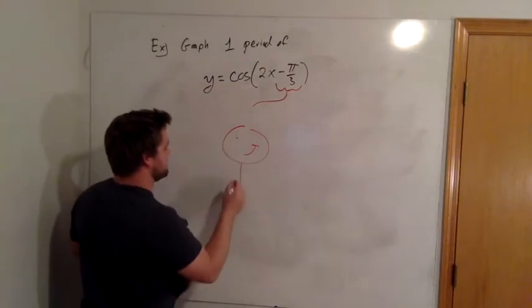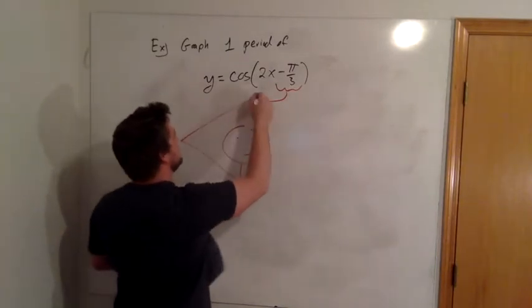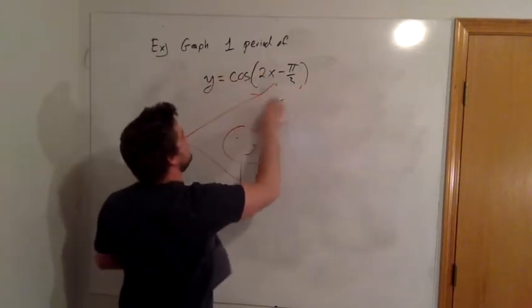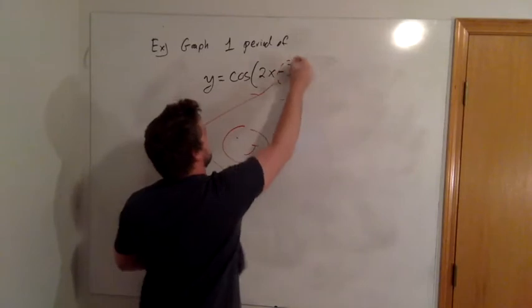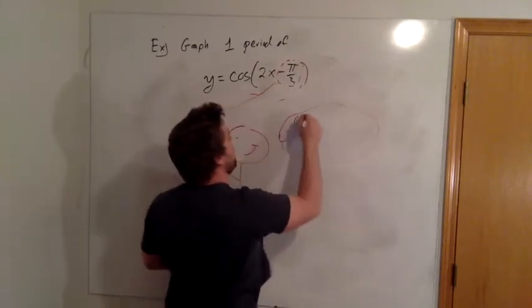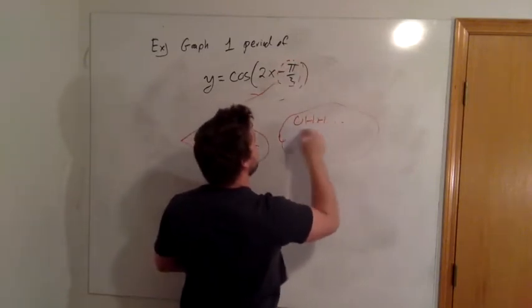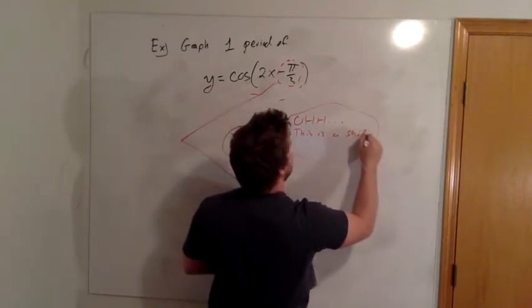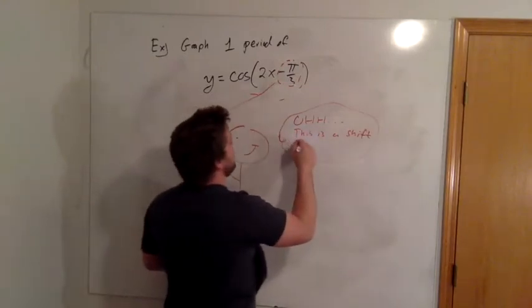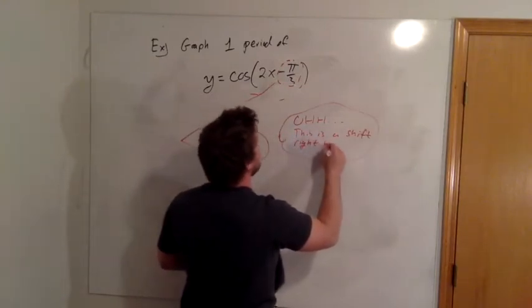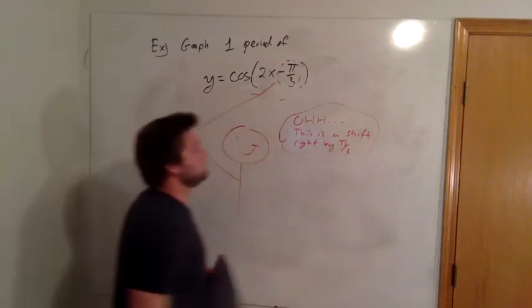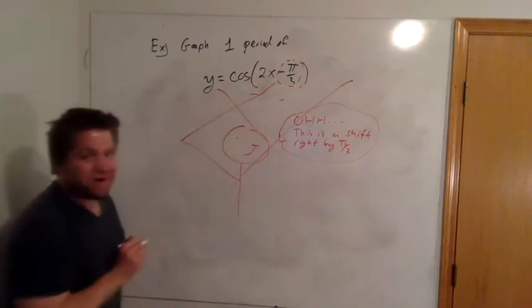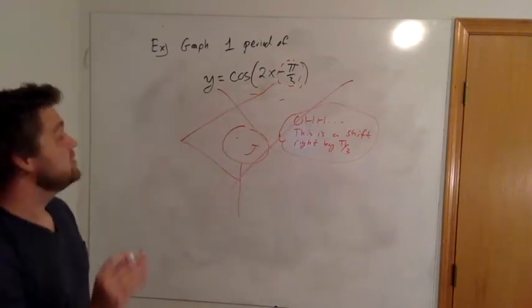You're pointing at this pi over 3 and saying, oh, this is a shift right by pi over 3. No! This is not right. We have to be careful.